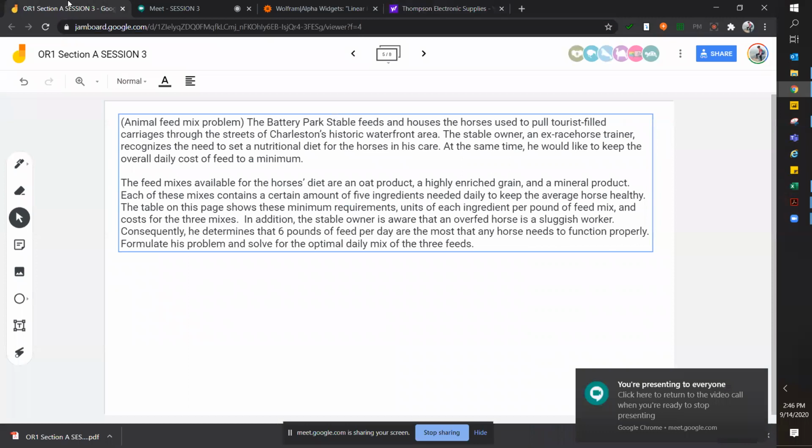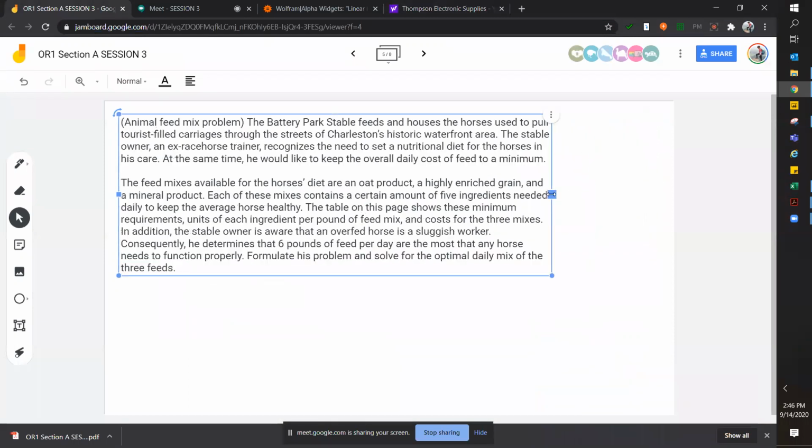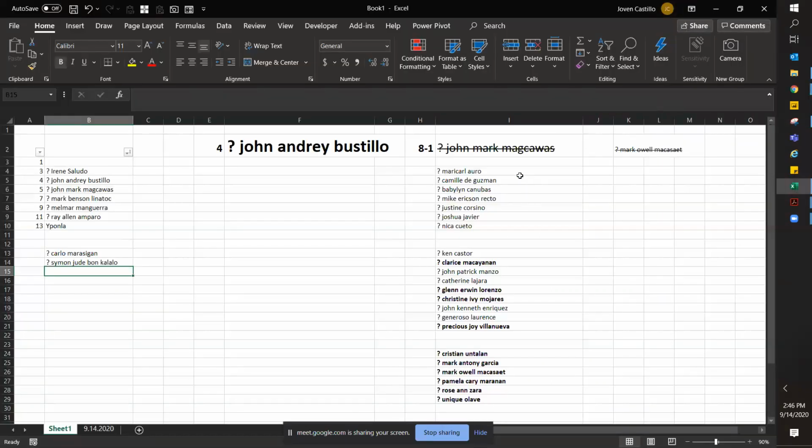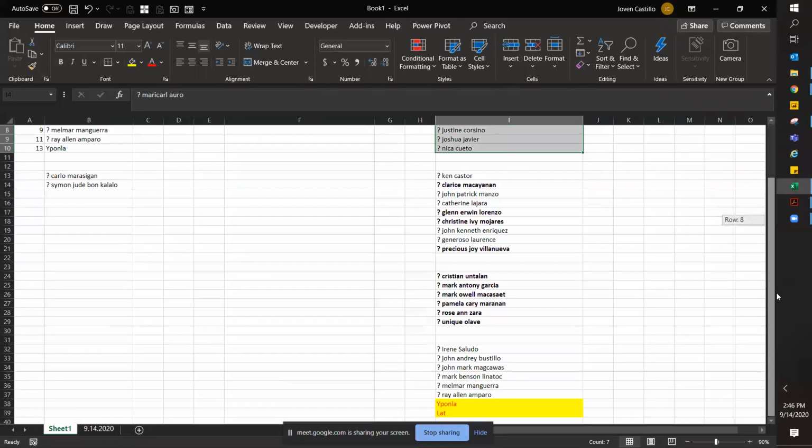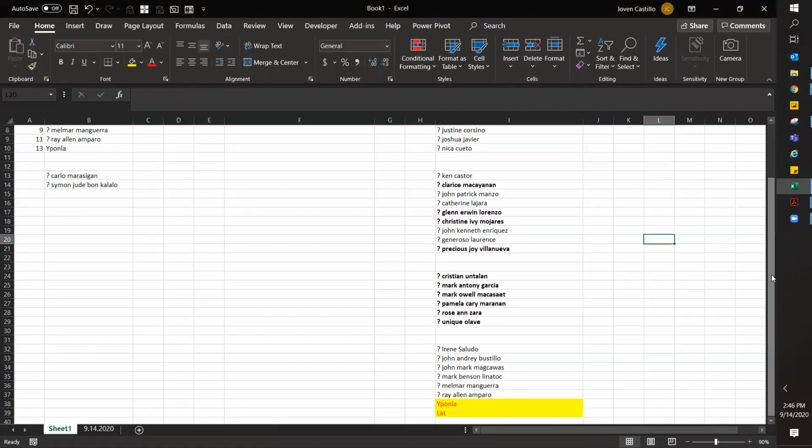Okay, so ito yung gagawin, ito na yung magiging grupo natin until the end of the semester. Agree po ba ang lahat? Group natin until the end of semester. So, ilan? Walang problema dun. Wala pa akong class list.